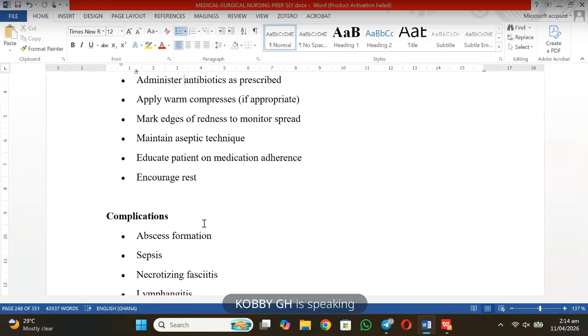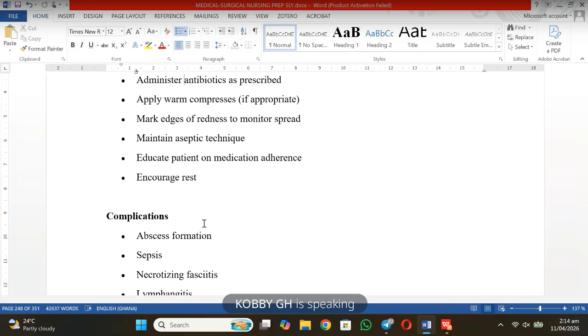The same thing applies to carbuncle, just that carbuncle is not a single pus accumulation. There are multiple ones, but they are interconnected at an area in the body. The causative organism remains the same. And I mentioned that a common complication of both pharyngeal and carbuncle is cellulitis and sepsis.